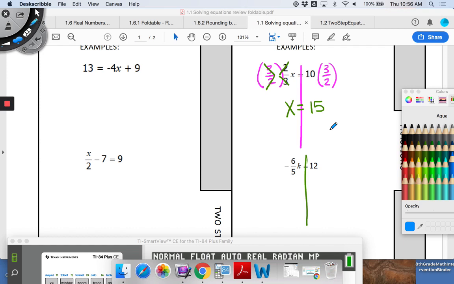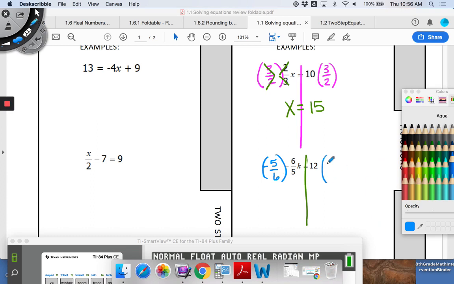Okay, and that's gross. So we have to divide them apart. But the way we divide with a fraction, we multiply by the reciprocal. Reciprocal is just a fancy word that means flip that fraction upside down. So it would be 5/6. But we have to have it as a negative 5/6.